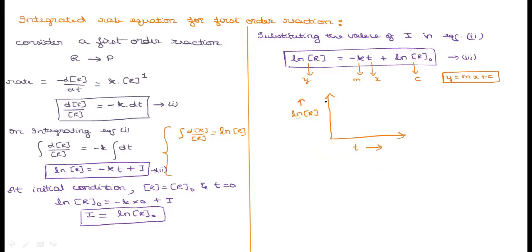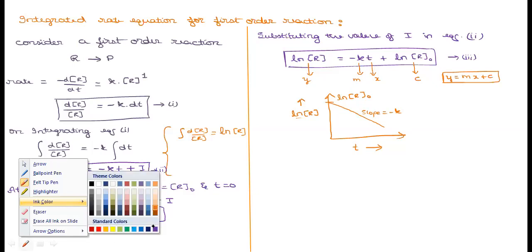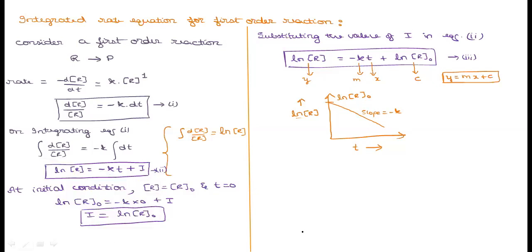In the 0 order, the intercept was r naught. Here it is ln r naught. Then the slope is negative, hence decreasing, and the value of the slope is minus k. So this is the graphical representation for the first order reaction.